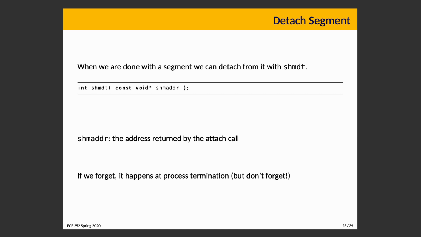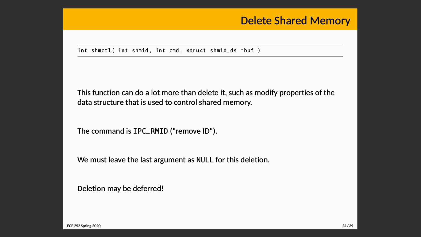And if you forget, as I said, this happens automatically when your process terminates for whatever reason. But you shouldn't forget. It's rude to forget. If we're certain that a shared memory segment is no longer needed, then we can use the deletion routine, and it is shared memory control. Again, like the message queue management function, it can do a lot of things.